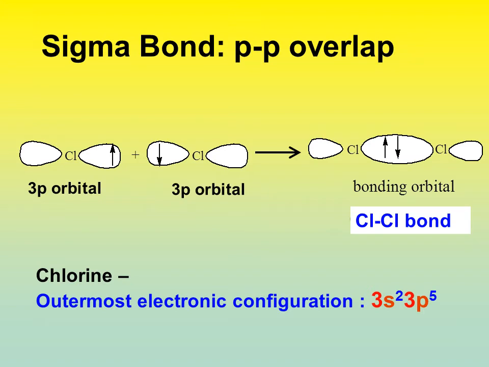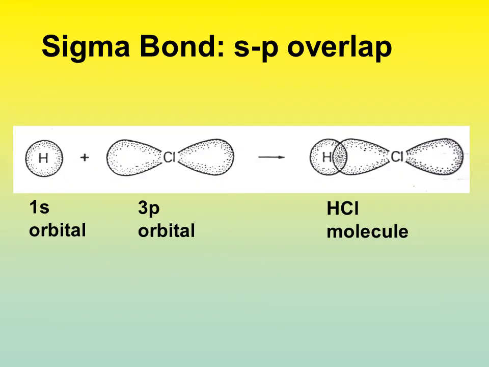This unpaired p orbital is then used to overlap to form the sigma bond. For the s and p overlap, we can consider the molecule hydrogen chloride. In this case, the hydrogen is using its 1s orbital and the chlorine is using its 3p orbital.